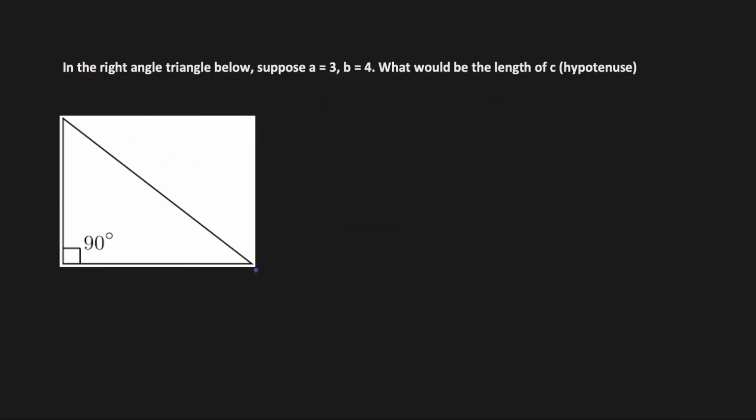So let's say this is a right angle triangle below, this is our A, this is B, and this is C, where A is equal to 3, B is equal to 4, and we have to find out the length of C, which is our hypotenuse. So from the theorem, we know that c squared is equal to a squared plus b squared, and a is 3, which is 3 squared, and b is 4, which is 4 squared.